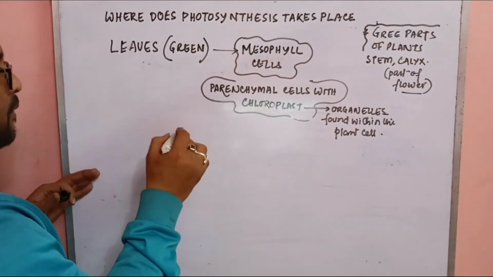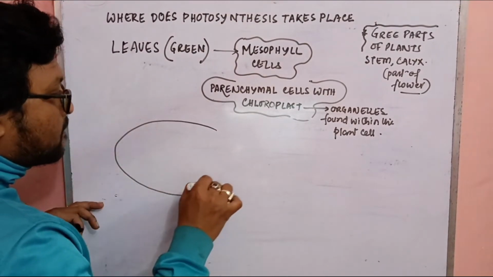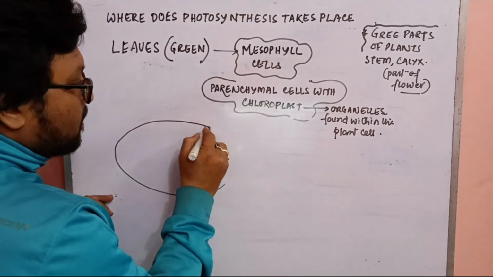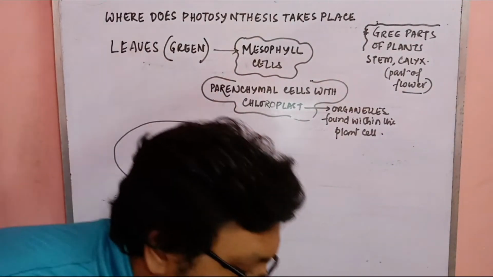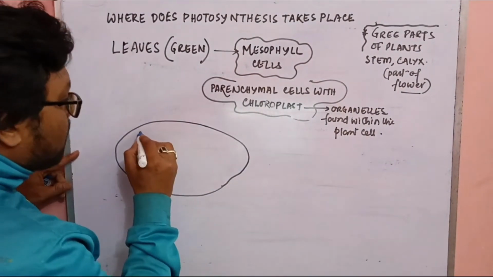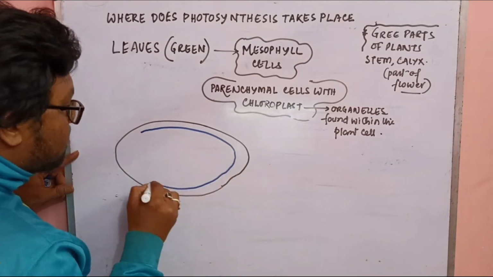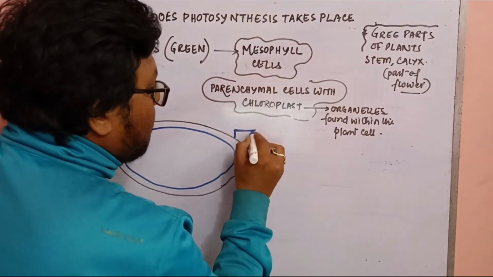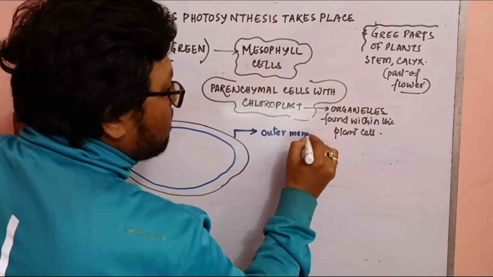Now, if we discuss the structure of a chloroplast, then we'll find that it is a double membrane bound organelle. The outer covering is known as the outer membrane.